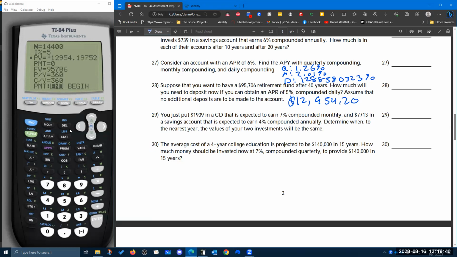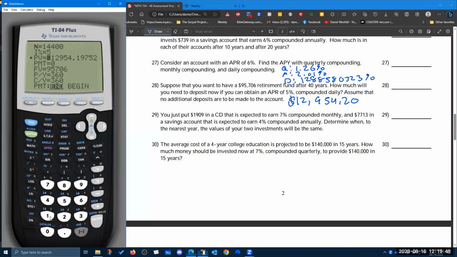If you put $1,909 into the CD that is expected to earn 7% interest and compounds monthly, and $7,713 in the savings account that is expected to earn 4% compounded annually, determine when, to the nearest year, they'll be the same.